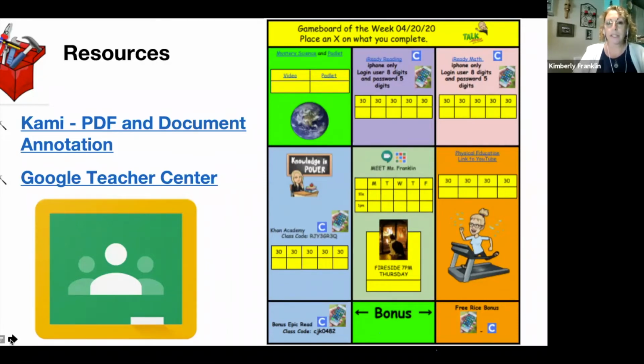When my students complete their assignments, they would put a little X in the areas where they completed the assignments, and they turn it into Google Classroom. Now, the Google Teacher Center there is another link that I provided, and it helps you to get trained and do everything Google, from Google Classroom, Docs, Slides, Translators, Sheets, and any other G Suite tool that you'd like training for. That's a great place to start.